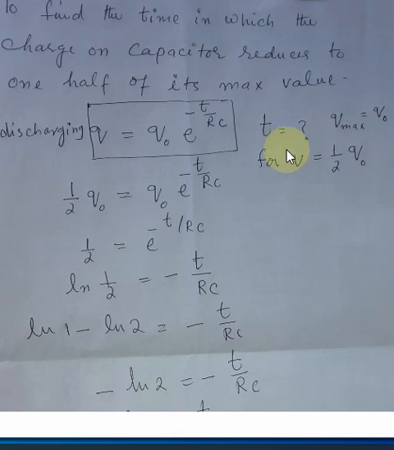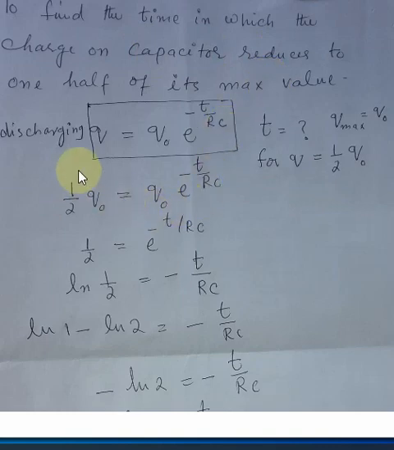Next, let us apply this equation to solve a problem, and the problem is to find the time in which the charge on the capacitor reduces to 1/2 of its maximum value. Now just look at this problem. Here it is mentioned that the charge on the capacitor reduces to 1/2. So this is obviously the process of discharging of a capacitor, in which the charge on the capacitor reduces.